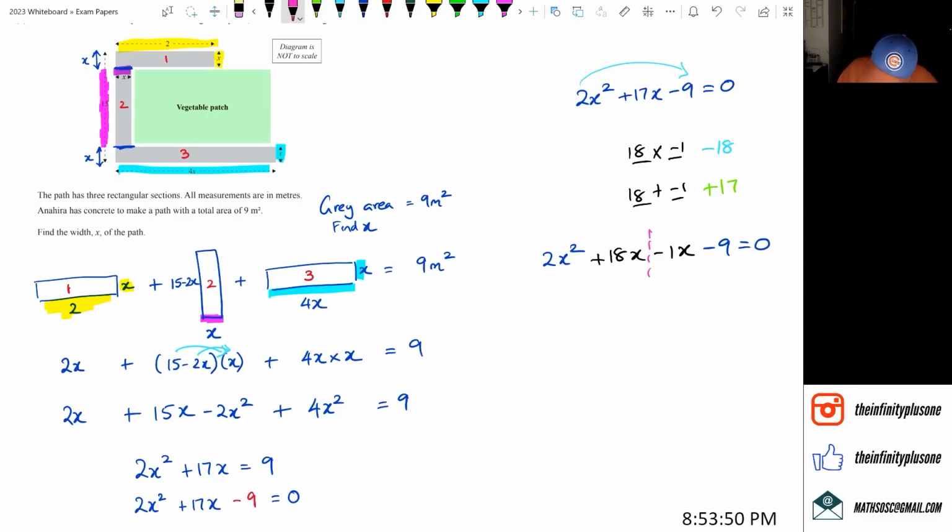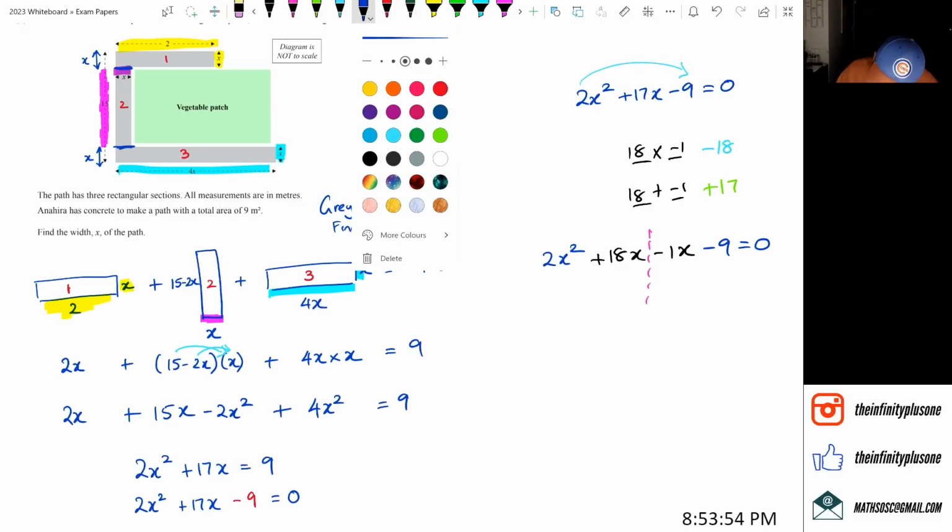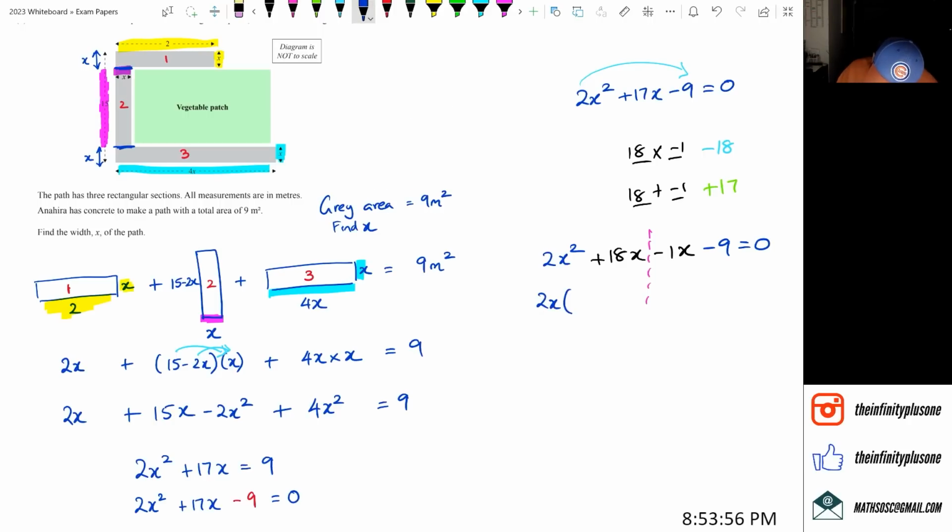Then I'm going to factorize the two pairs by separating them, and I've got 2x times x plus 9, and on this side I've got negative 1 as a common factor, x plus 9 equals 0. Then x plus 9 is a common factor, and I've got 2x minus 1 equals 0.